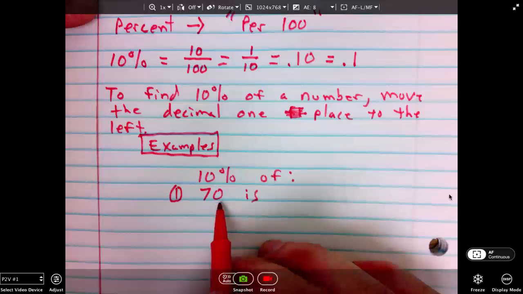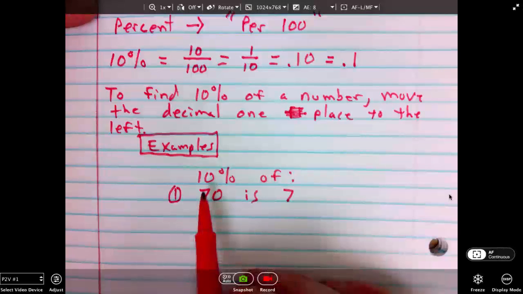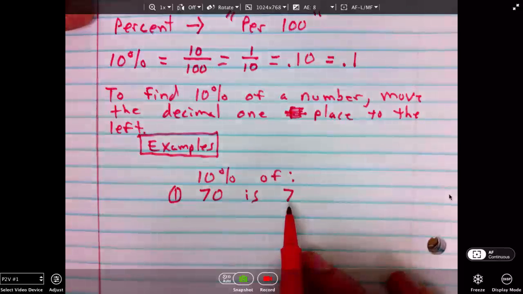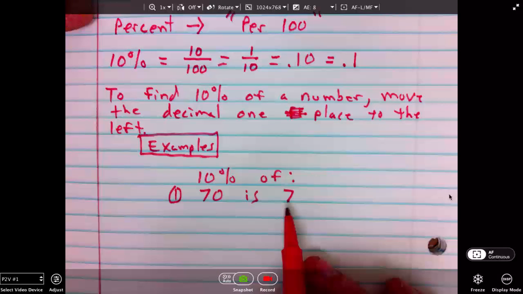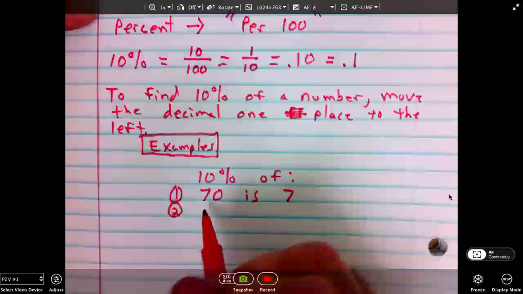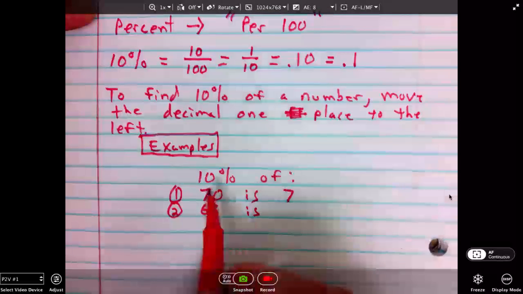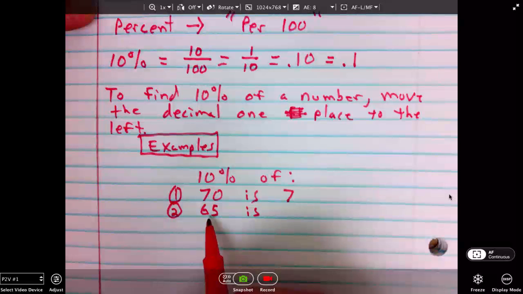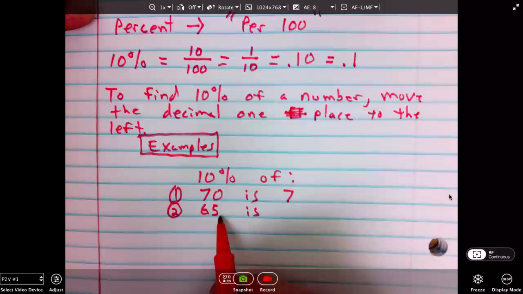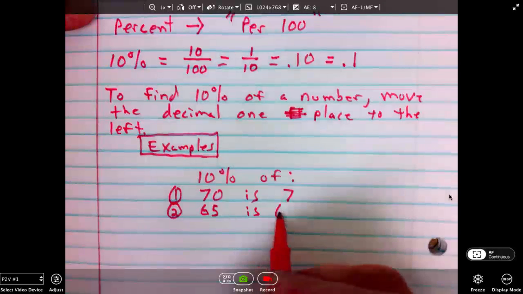If we move this one place to the left, we get 7. 10% of 70 is 7. If you take 70 and divide by 10, you'd be left with 7. Number 2. 65. 10% of 65 is, again, imagining that the implied decimal is just to the right of the 5. Moving that one place to the left, we get 6.5.